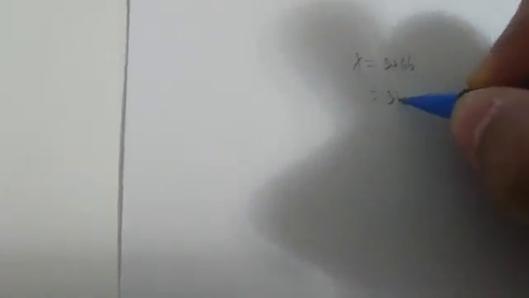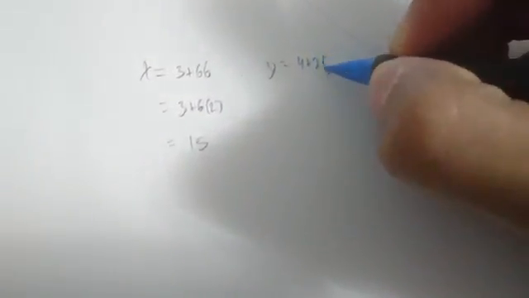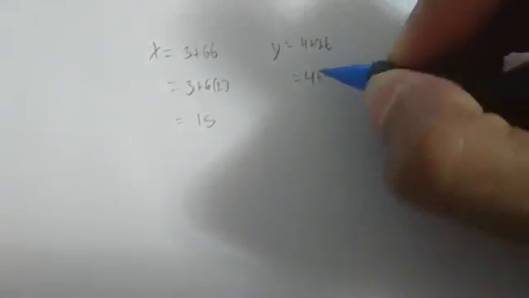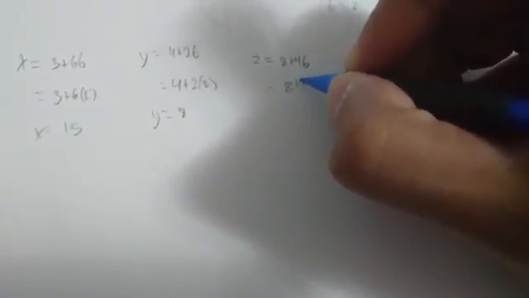And now that we found the value of t, we can sub this into our parametric equations. So x is equal to 3 plus 6t, so 3 plus 6 times 2, and that becomes 15. And then y is equal to 4 plus 2t, and we sub the t value in, which is 2, and we get y is equal to 8. z is equal to 8 plus 4t.